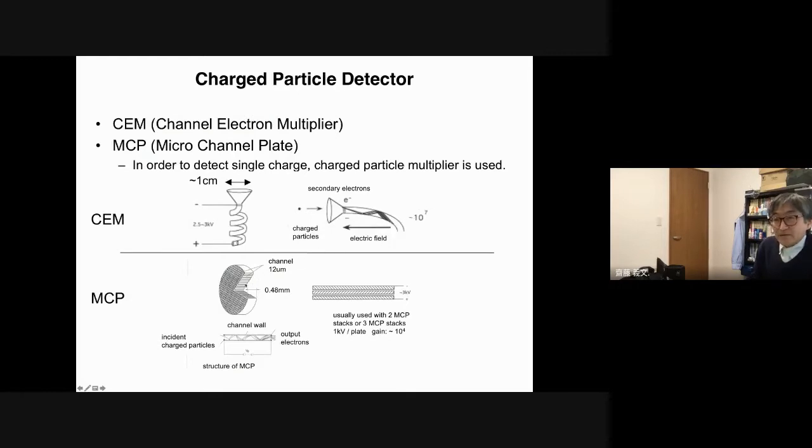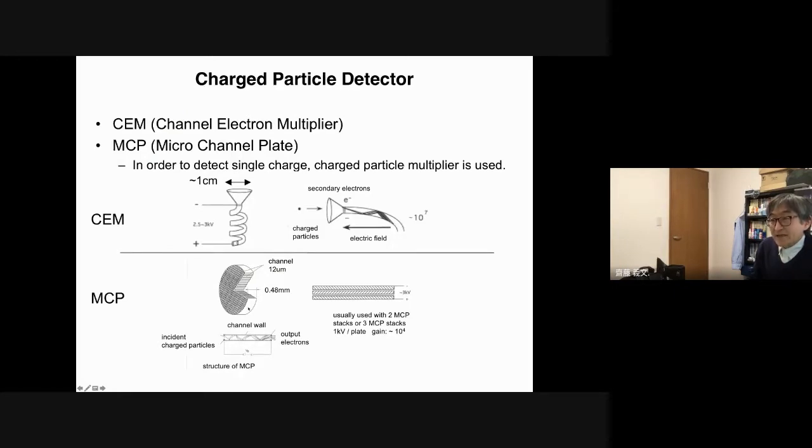The bottom figure shows the MCP. This is a two-dimensional plate, and it consists of very thin tubes. The structure of each tube is similar to this channel multiplier, and the electron multiplication principle is nearly the same. Applying high voltage between the surface and backside of the MCP, secondary electrons are emitted and multiplied.